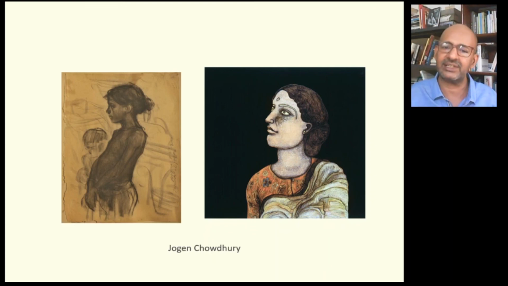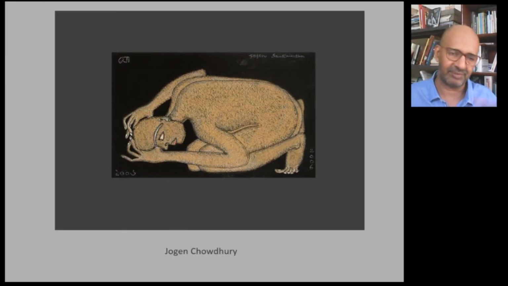So this figuration did not actually come out of the blue. In most cases, whether it is Jogen Chowdhury or Bikash Bhattacharjee or Ganesh Pyne, anybody from his generation would certainly have a very strong academic background.